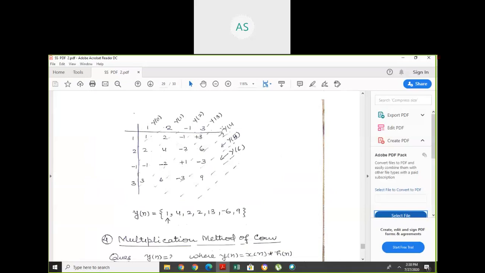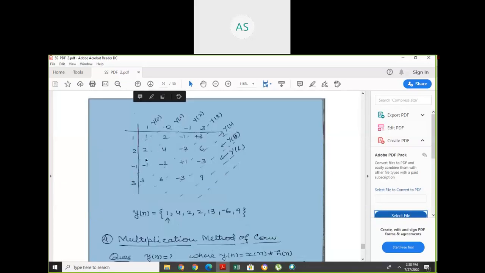Then substitute the given values in this form, 1, 2, minus 3, 1, 2, minus 3, and the table is in this form. And this is y of 6, y of 5, y of 4, y of 3, 2, 1 and 3.